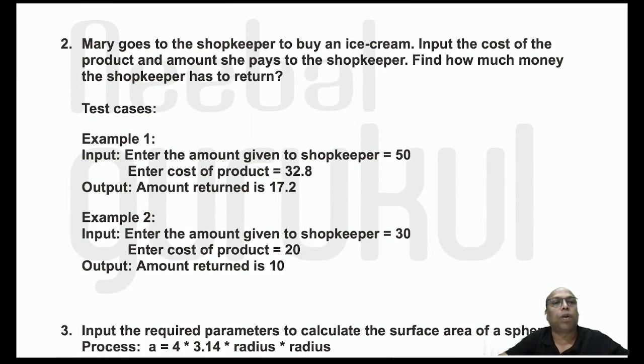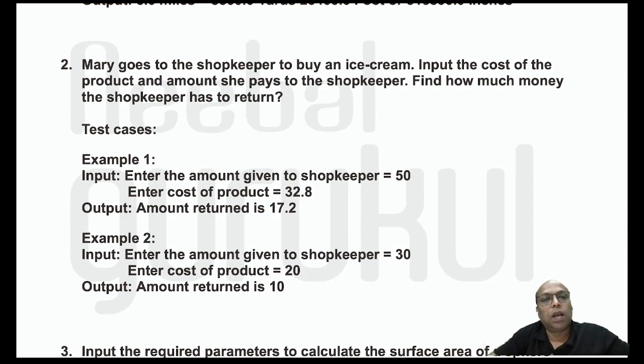Okay. The next problem is this. Mary goes to the shopkeeper to buy an ice cream.